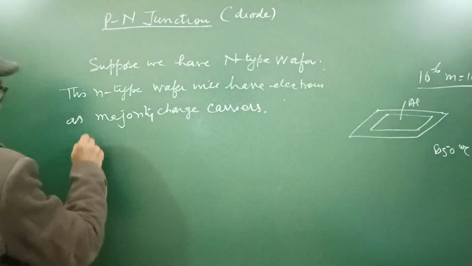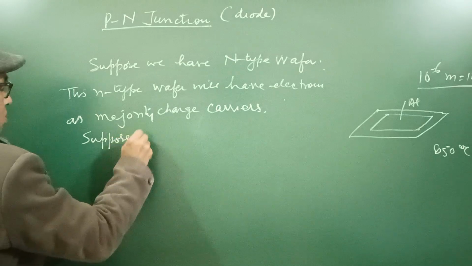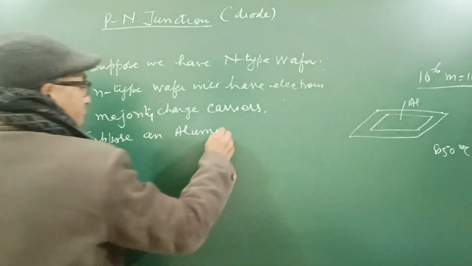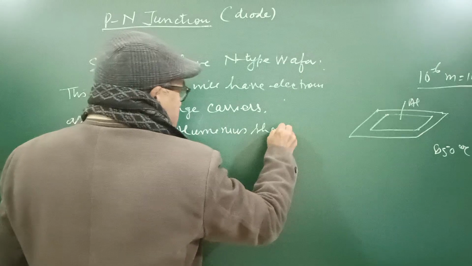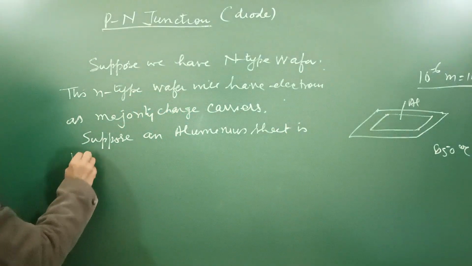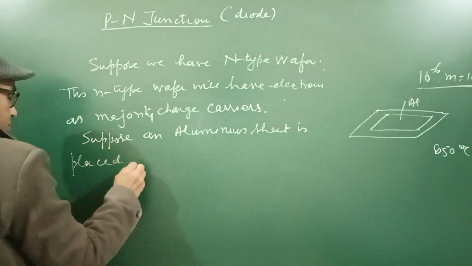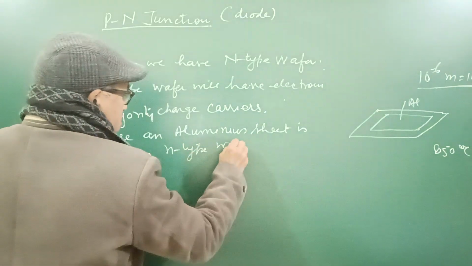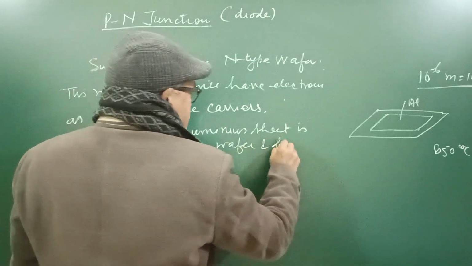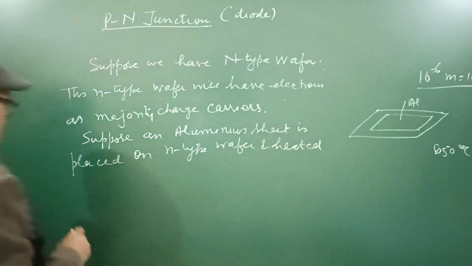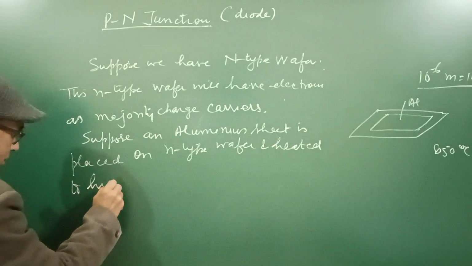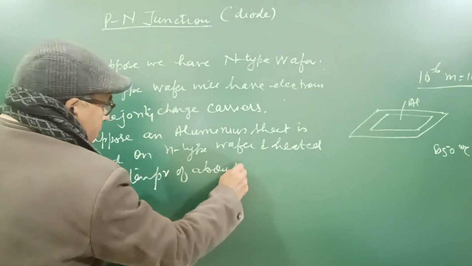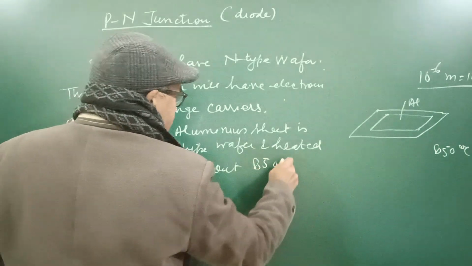Suppose an aluminium sheet is placed on an N-type wafer and heated to a high temperature of about 850 degrees centigrade.